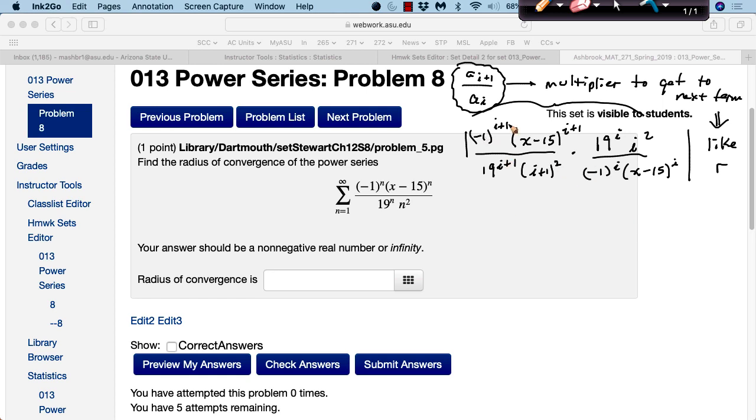So combine all the terms. We're going to have a -1. We're going to have one more 19 in the bottom, is that right? One more x minus 15 in the top. And then I'm going to have i squared over i plus 1 squared. And then I'm going to take the limit as i gets really big.